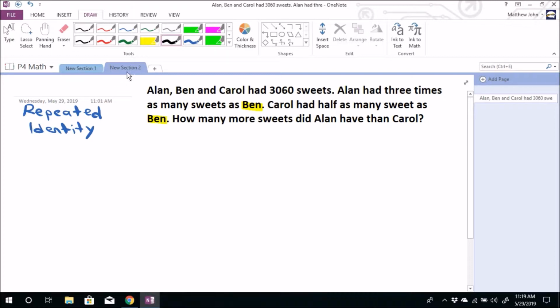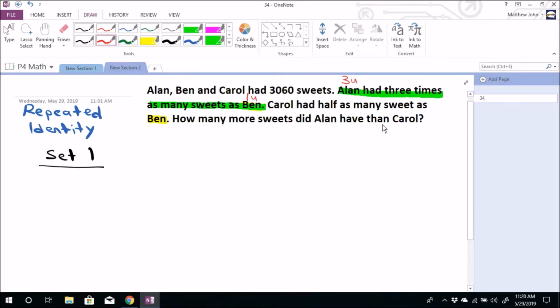So I'm going to draw the first model and I call the first model set 1. Alan had 3 times as many sweets as Ben, so meaning that Alan is 3 units and Ben is 1 unit.